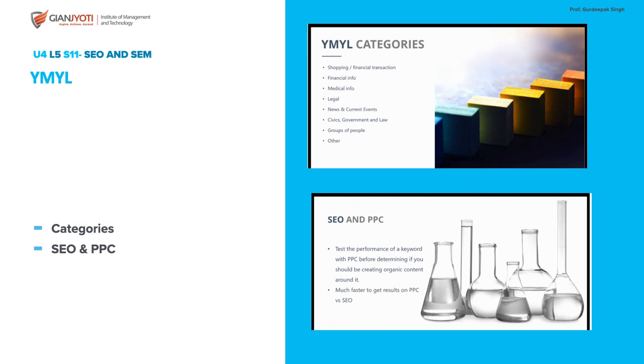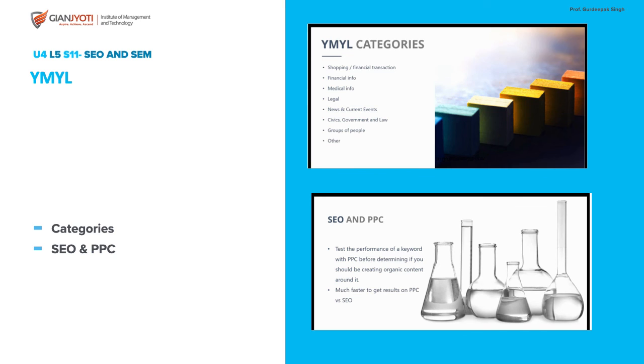Another thing is we are talking of SEM, and I would like to end this lesson with SEM. So SEM is both SEO and PPC. So we try to use both of them. It is not that I start with organic and then I move to PPC. Sometimes it is the other way around.